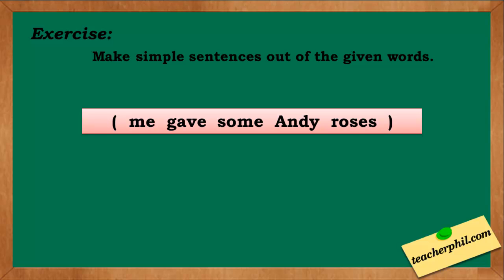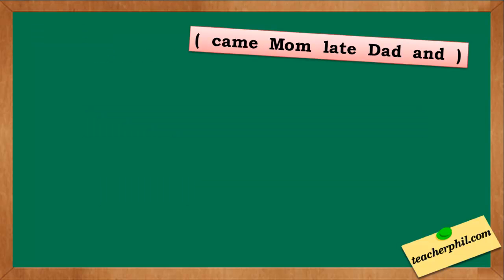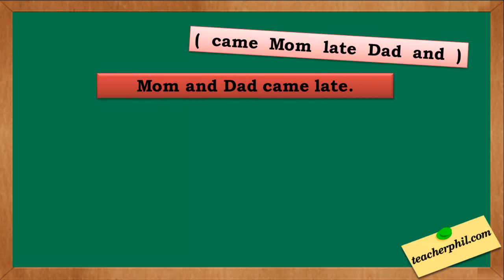The correct answer is Andy gave me some roses. The second one: came, mom, late, dad, and. The answer is Mom and Dad came late.